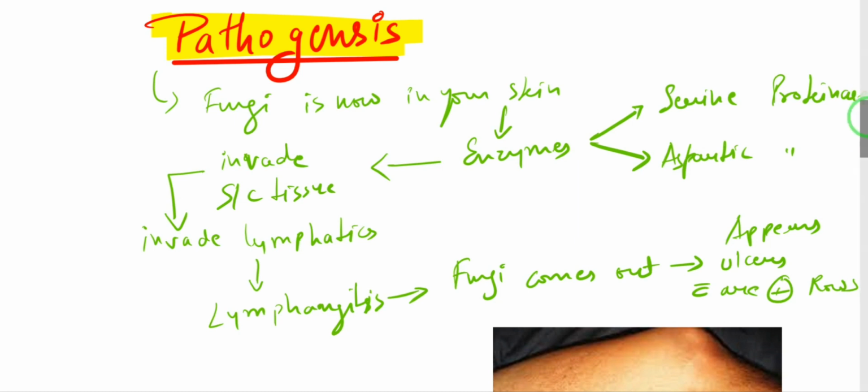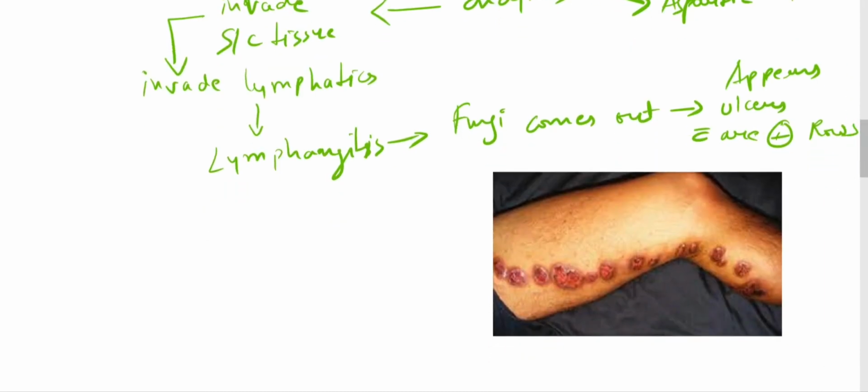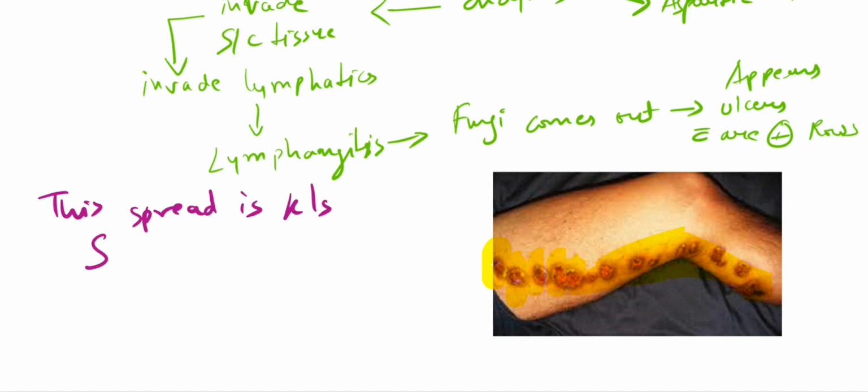As you can see in this picture, these are the nodular ulcerative lesions that we see in case of sporotrichosis. All these lesions spread along the lymphatic vessels, and this spread along the lymphatic vessels is known as the sporotrichoid pattern of spread.